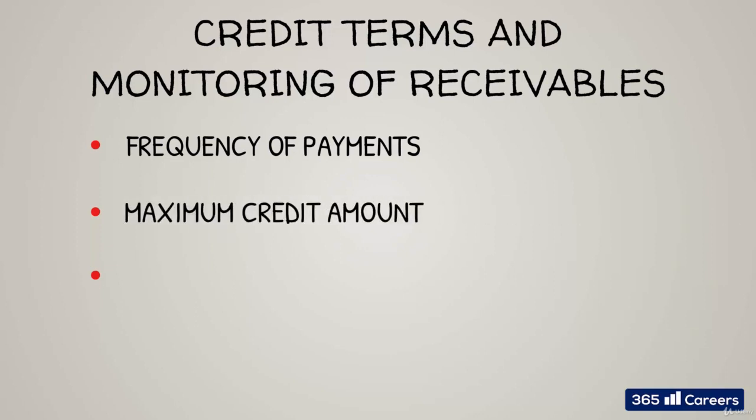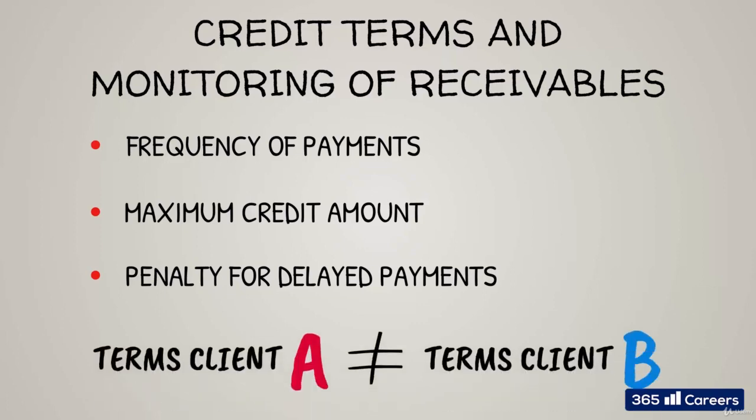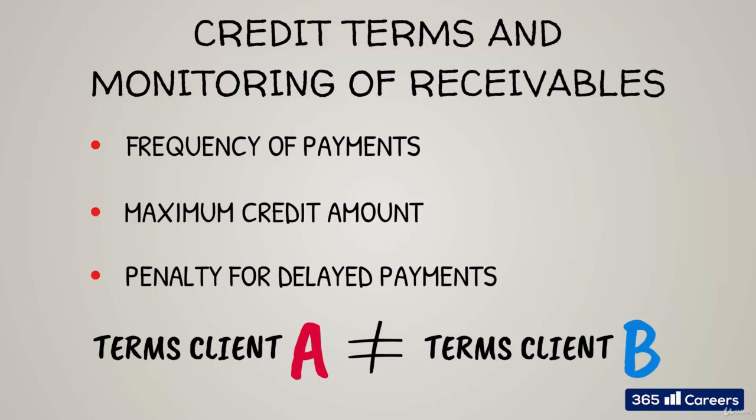What is the maximum amount they can shop for on credit? And what is the penalty if payments are not sent on time? Different clients will have different credit terms based on their relationship with the firm, internal credit rating scoring, and mostly based on their importance in terms of size and profitability.